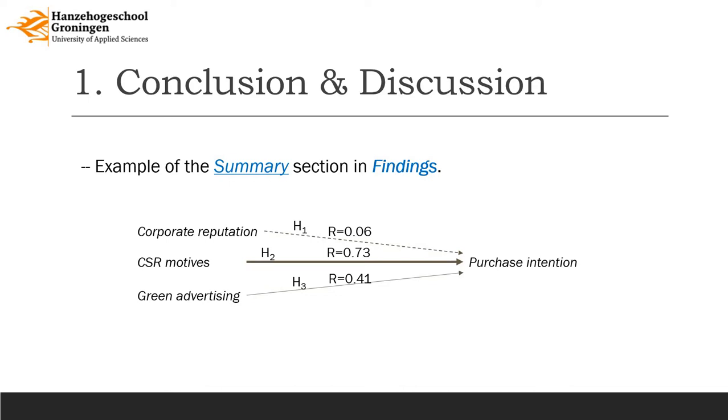And the third hypothesis, H3, is a moderate relationship but significant. It uses a solid and slightly thin line to show that green advertising is moderately and also significantly related to purchase intention. I use this kind of visualization to echo my conceptual model, but with actual analysis results. And I use dotted, solid, thick, and thin lines to distinguish the analysis results.